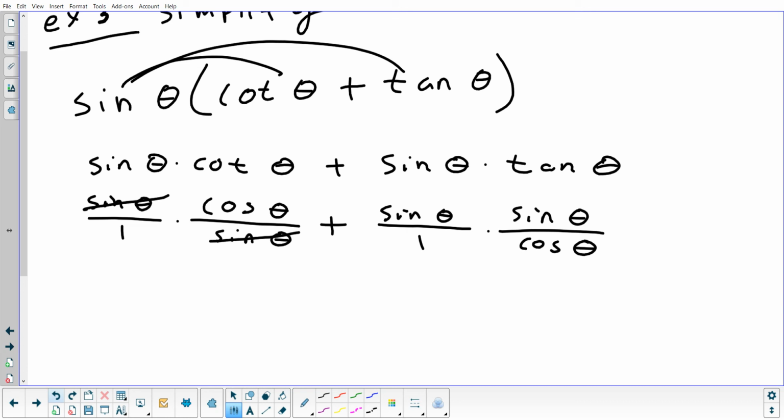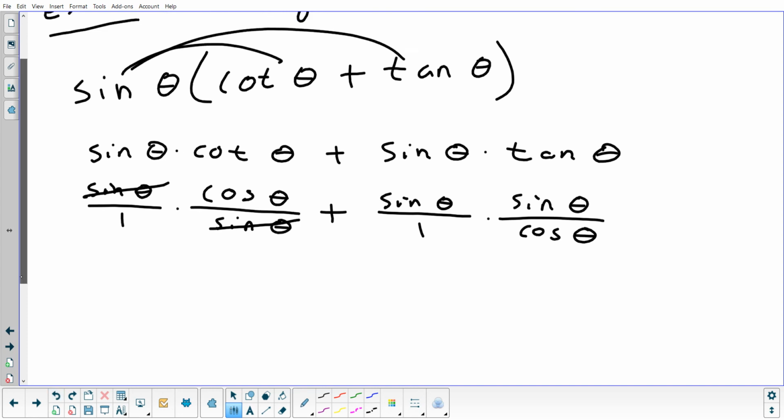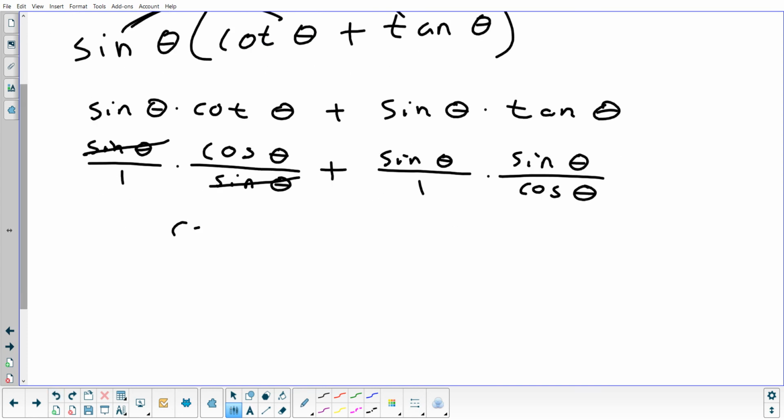It's like you have two little problems here. The problem to the left of the plus sign and the problem to the right. Plus sign breaks it up. So now on the left, we have a cosine, and in the bottom, we have a 1. Plus, let's multiply those two fractions together on the right. What do you get in the top if you multiply those together?